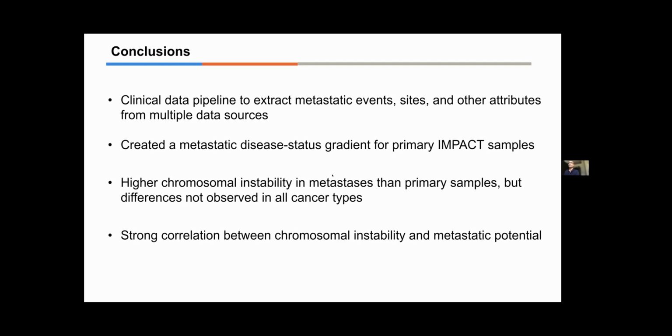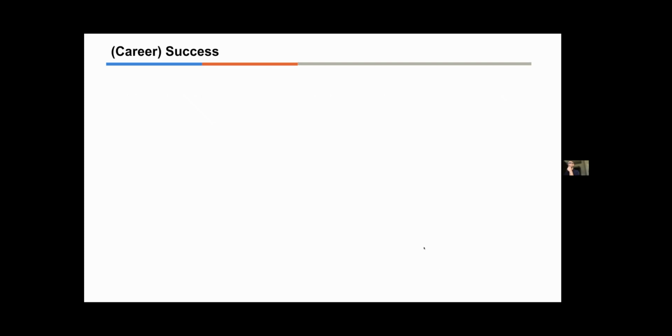And then, through some of the research, we saw higher chromosomal instability in metastases compared to primary samples, but these differences aren't observed in all cancer types. And also that there's a strong correlation between chromosomal instability and metastatic potential.